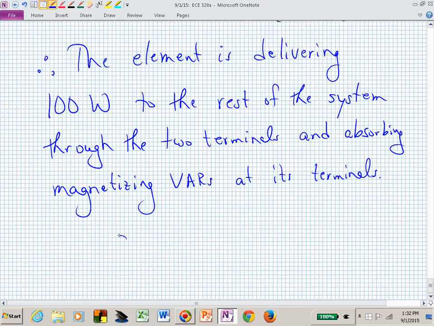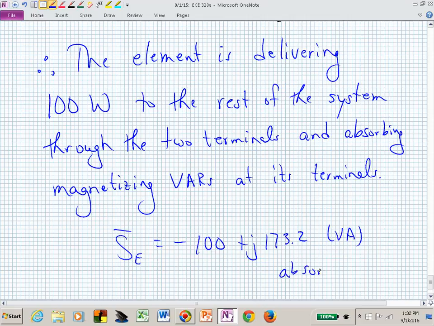Or that two-terminal device, I'll just say element, the complex power of that element is minus 100 plus j173.2 volt-amperes absorbed.